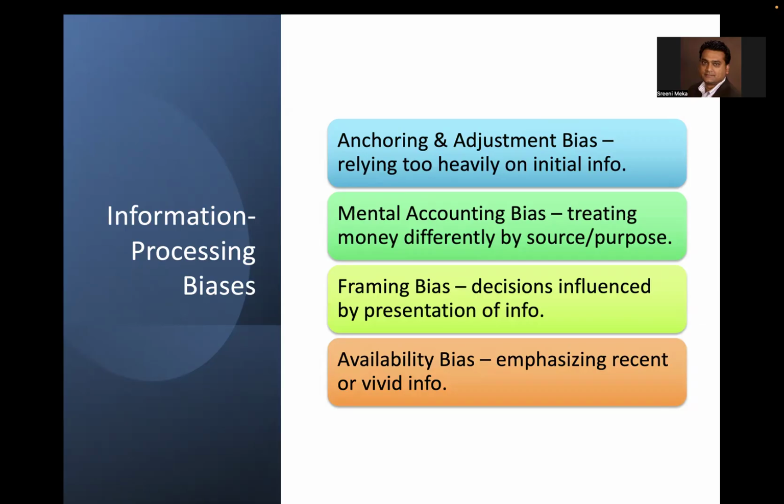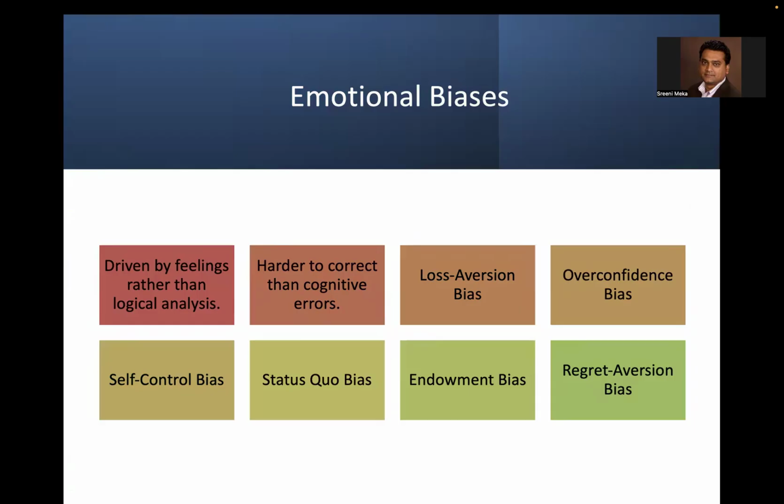The next one is emotional biases. Emotional biases are extremely tough to correct, tougher than cognitive errors, because we're emotionally attached. My car, my Tesla is the best. All other electric cars are dumber. Those people who drive polluting diesel cars or gasoline cars are the bad people.